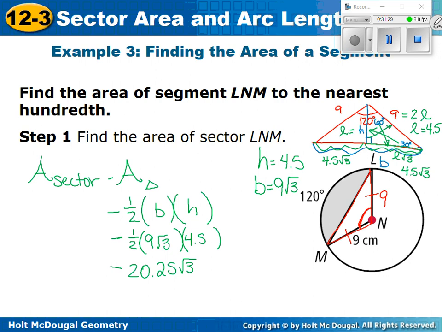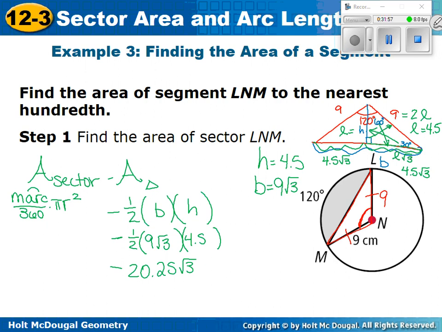All right, area of a sector. Formula, how do we find it? All right. What's the measure of the arc? Let's go with Ethan. So when you look at the picture, what is the measure of the arc that we're looking at? 120.